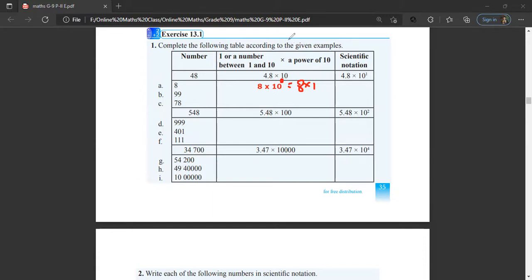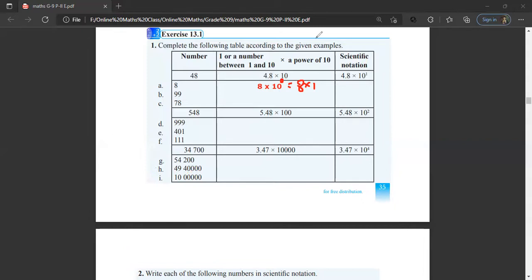H. 4.94 into 10 to the power 6. 1, 2, 3, 4, 5, 6. Yes, very good. There are 6 numbers.